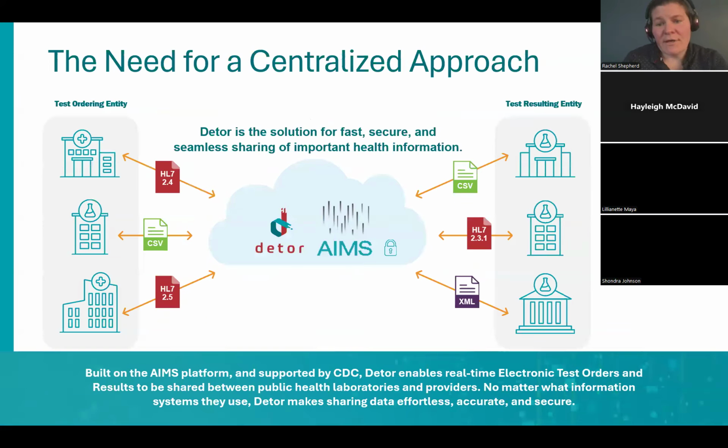So Detor is, again, an electronic test order and result intermediary solution on the AIMS platform. We launched it truly to be a shared solution for all of public health. Instead of setting up multiple point-to-point connections like you saw on the last screen, a lab could set up a single interface to Detor, which essentially would act as a single pipe. And through that pipe, any partner could connect.